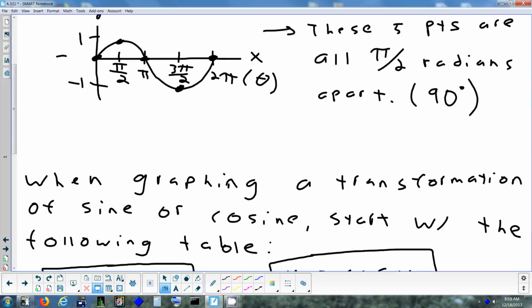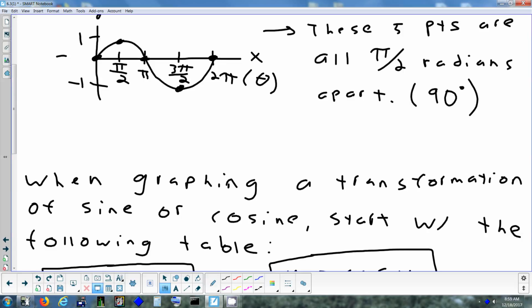All right, so what I want to do now is come up with a table that gives us the coordinates for sine and cosine for the first positive period. Now, this is going to be a table that we're going to call the original table. It's going to be a table that we haven't done any shift to. We haven't done any stretching. We haven't done any reflecting.